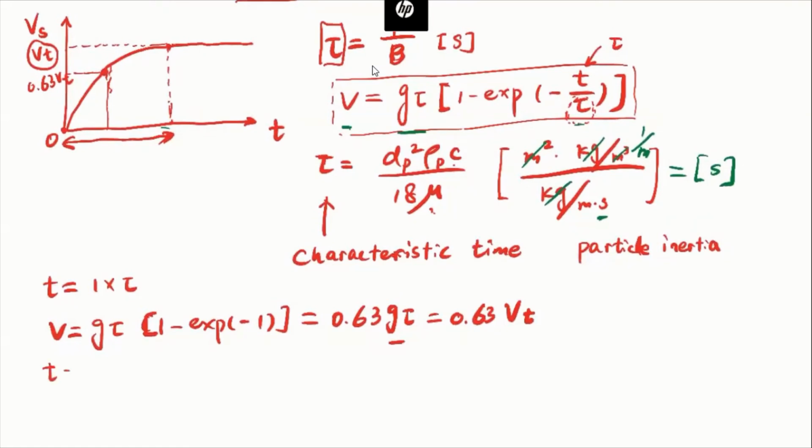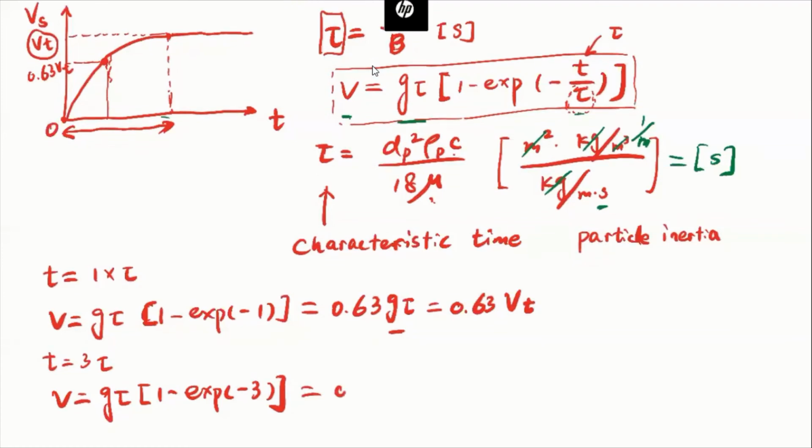And when time is equal to 3 tau, then V is going to be g tau times 1 minus exponential minus 3, right? And then we have actually 0.95 g tau, which means 0.95 VT.